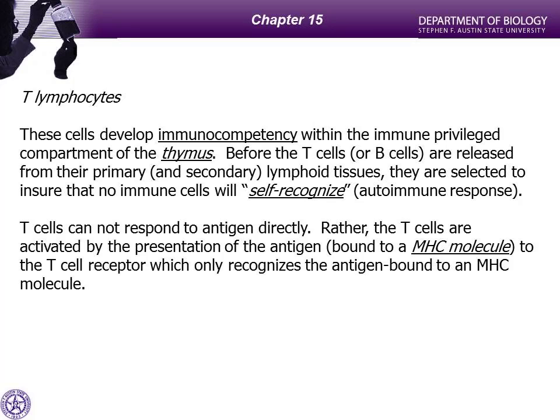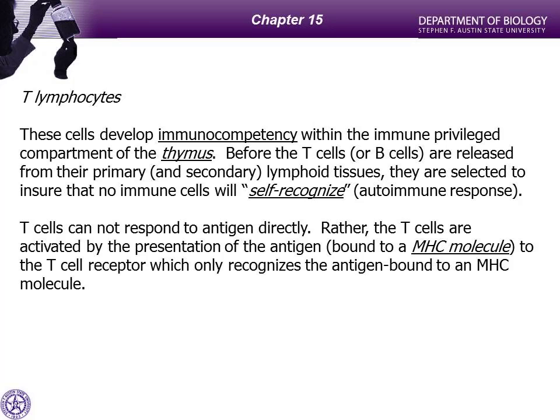Now, this is distinct from a Class 2 type of MHC molecule, which we find primarily on those cells we refer to as antigen-presenting cells, or we abbreviate them APCs. These Class 2 MHC molecules are used to display antigen and present it to the receptors on helper T cells. Now, the receptors on our helper Ts can only recognize Class 2, and our receptors on cytotoxic Ts can only recognize Class 1.